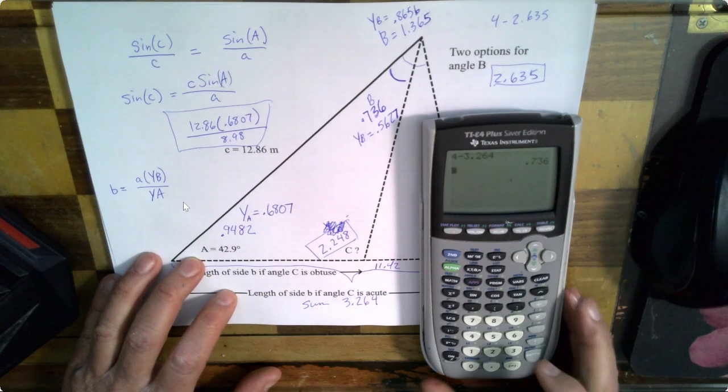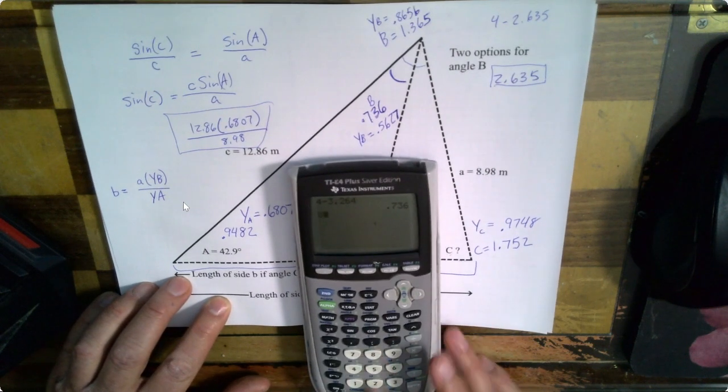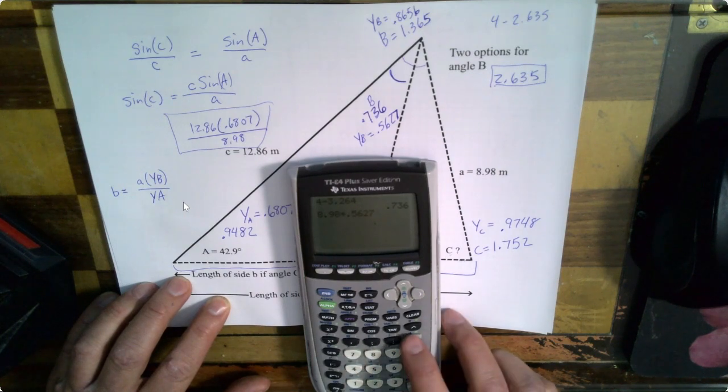So if we do this new calculation, side A is 8.98, and we're going to multiply by our new sine ratio for B, which is 0.5627, and then we'll divide.